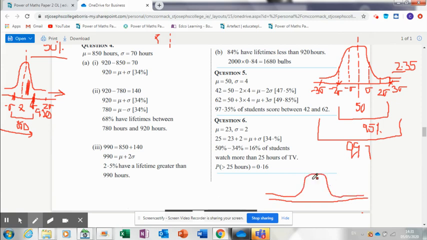Just do out your curve, put in what you know. This is your mean, and your mean again, X bar, and that's 23. Right, 1 standard deviation above and below. Well, the standard deviation is 2.